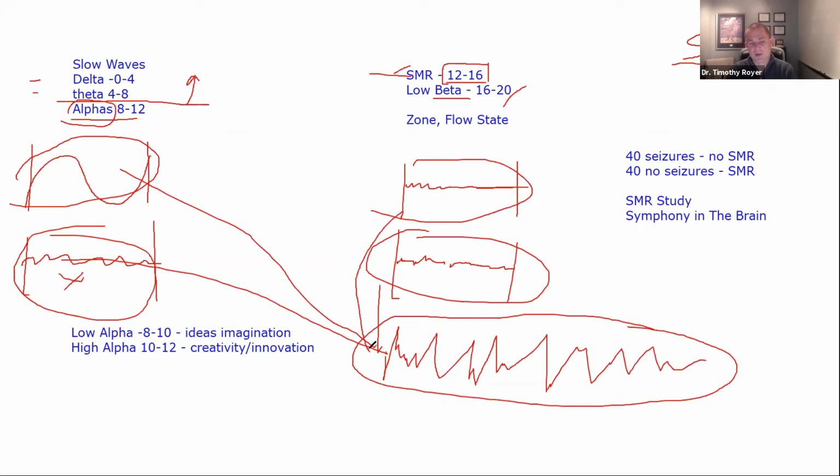And what we're doing with the quantitative analysis, the QEEG, is taking all of those signals and separating them out so that you can actually read them and measure them. But that signal that you see is the final product of everything coming together: thetas, alphas, deltas, SMRs and betas. Next week, we're going to talk more about that.